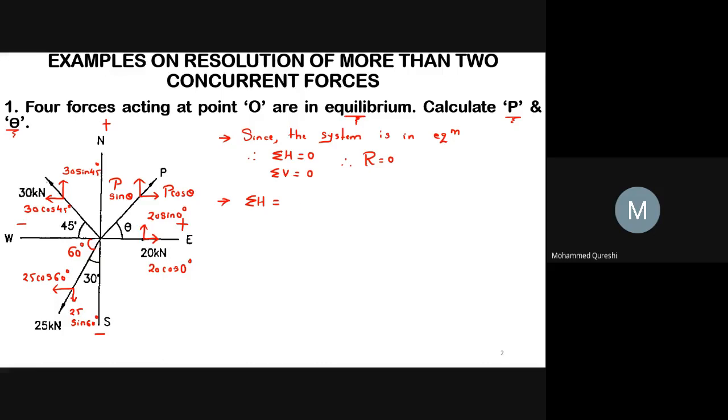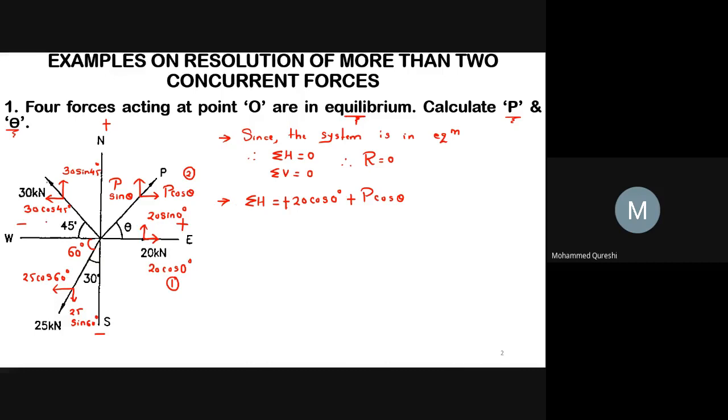So first horizontal force is 20 cos 0 degree. It is in this direction, hence it will be plus. Then our second horizontal force is P cos theta. It is also in the first quadrant and in this direction, and hence it will be positive.